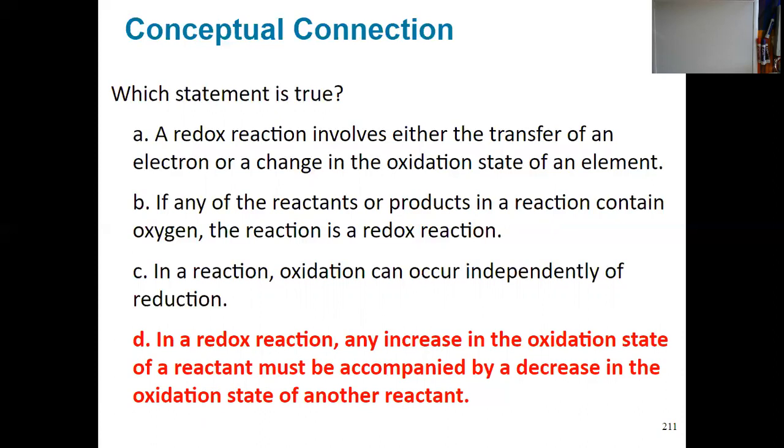Because if electrons are being lost by one thing, they have to be gained by another thing. Okay? Over here, this either-or thing, that's what doesn't work. They have to happen together. Oxygen is not necessary for it to be a redox reaction, and oxidation cannot occur independently of reduction.